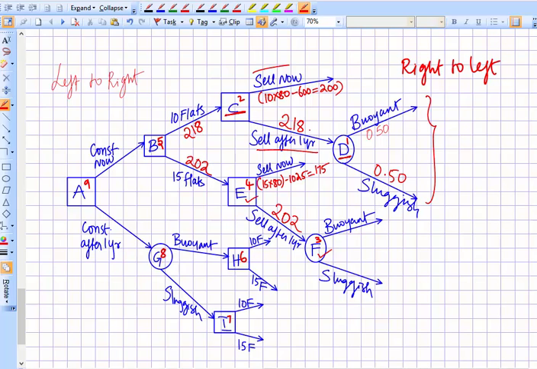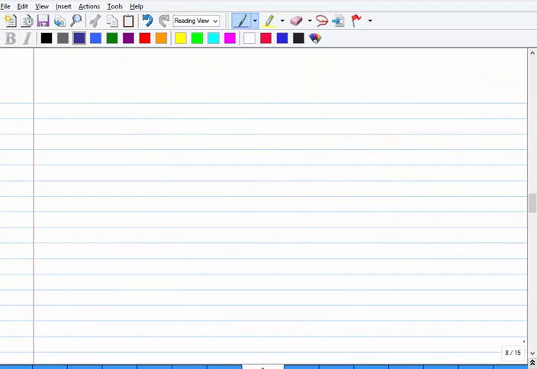Now we have to go for evaluation at B. So let's do that. And again, B is a decision node. We'll write that evaluation at B.